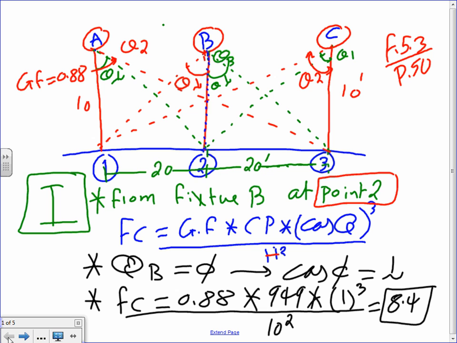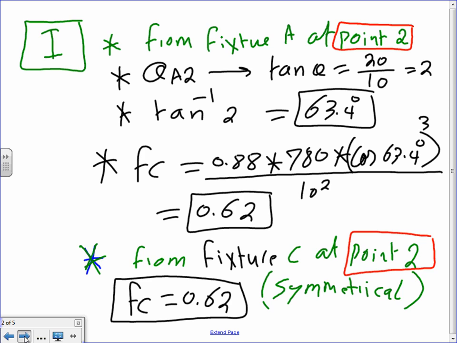Why? Because his contribution C to 3, B to 3, and A to 3 is identical to A to 1, B to 1, and C to 1, right? So if I do it at 1, I'm done. I don't have to do 3, right? Because of symmetry. Okay, so that's a major symmetry.